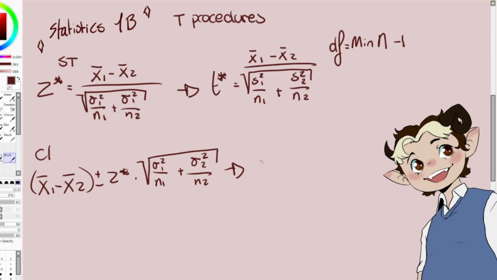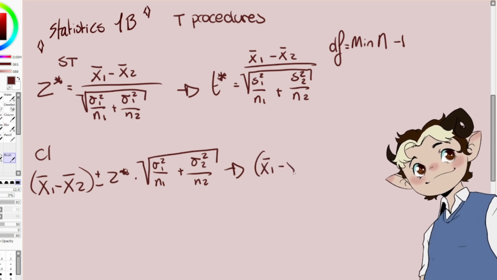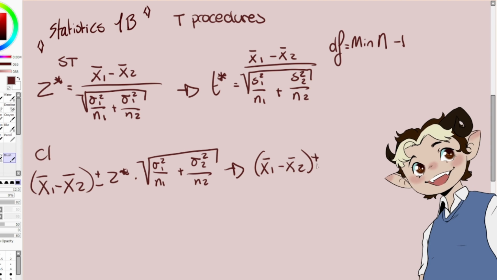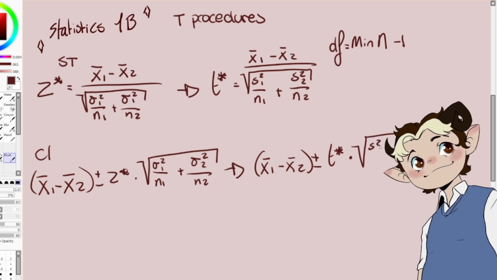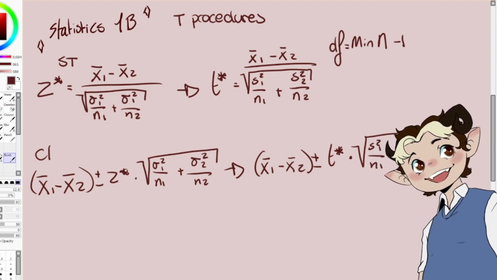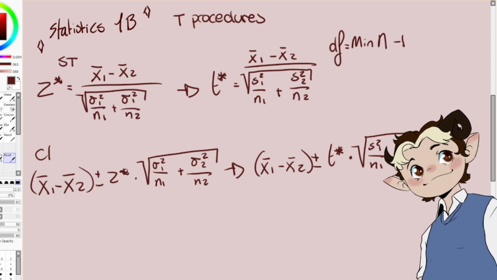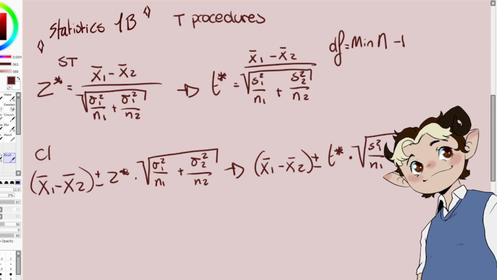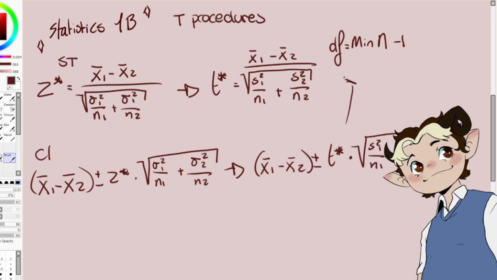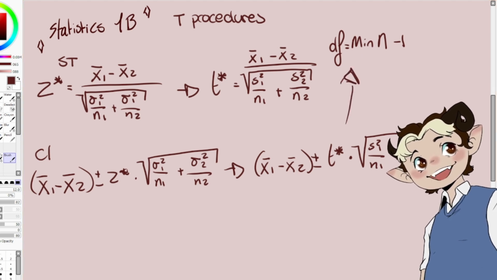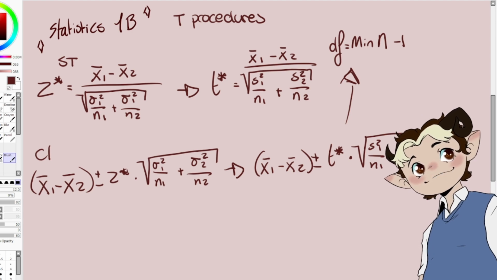And that is now changed into x1 minus x2 plus minus t times the square root of the sample standard deviation 1 squared divided by n1 plus the sample standard deviation 2 squared divided by n2. That's it. That is the only thing, and we still use that degrees of freedom. So you look at the minimum sample size.